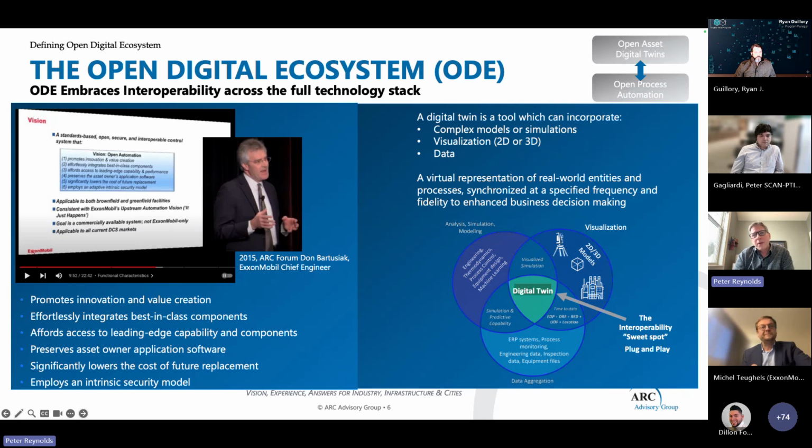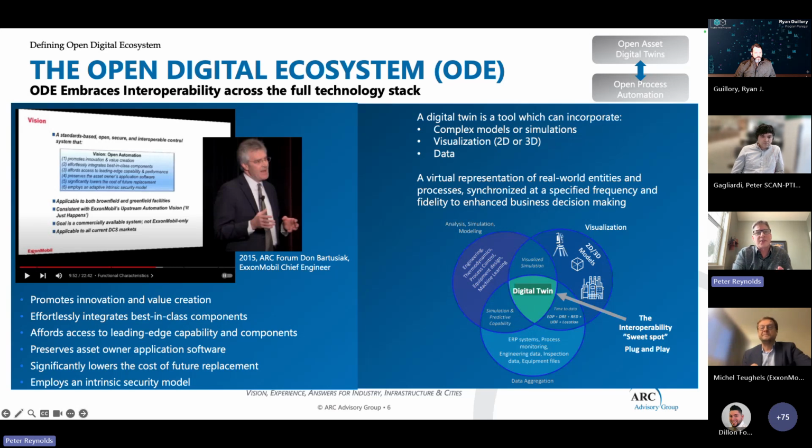So if you think about the opportunity for an open digital ecosystem, it takes the progress from OPA and the Open Group and the work that ExxonMobil started in 2015, and it expands that on steroids across enterprise software and digital twins. So we see an open digital twin as an interesting concept. If you look at the Venn diagram, is it a process model?